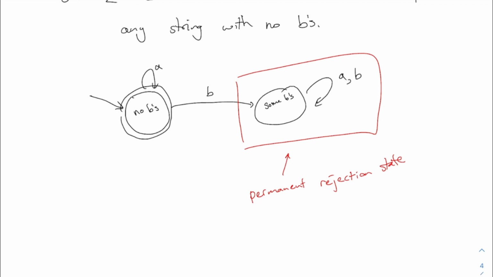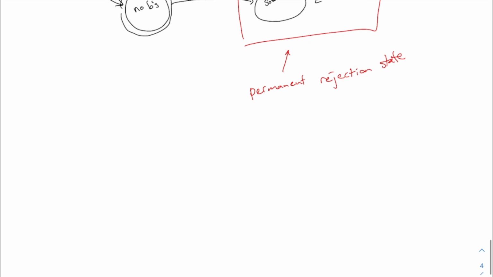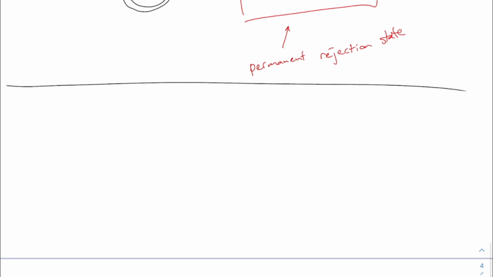Okay. I got one more example, and then, like I said, I have some for you all to try. How about one more DFA, on the same alphabet, A's and B's.